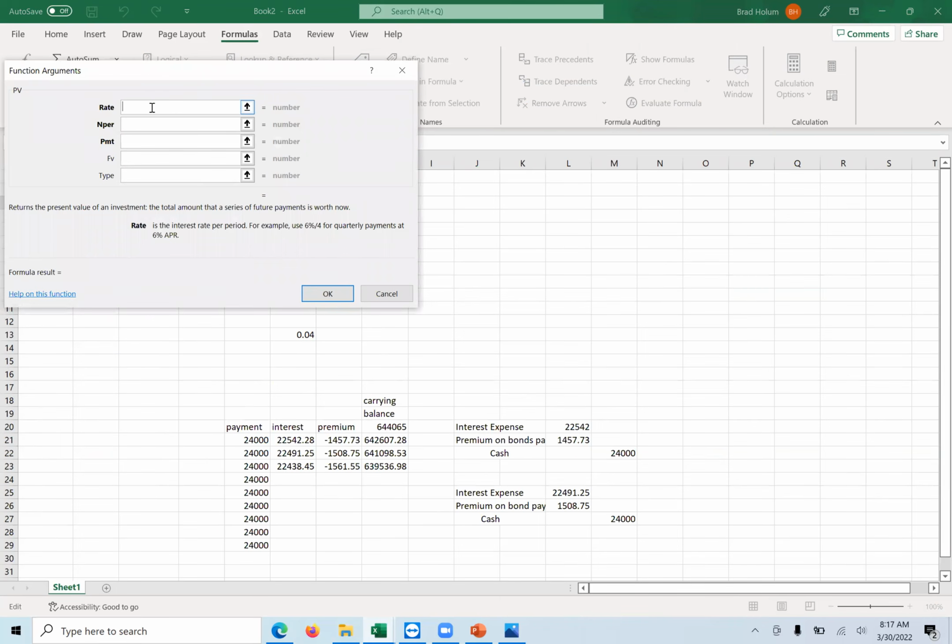And we're going to show the rate is at 6% over 12 months. See how I did 0.06 divided by 12. The number of periods is 24 periods. It's 2 years. The payment is $3,000.